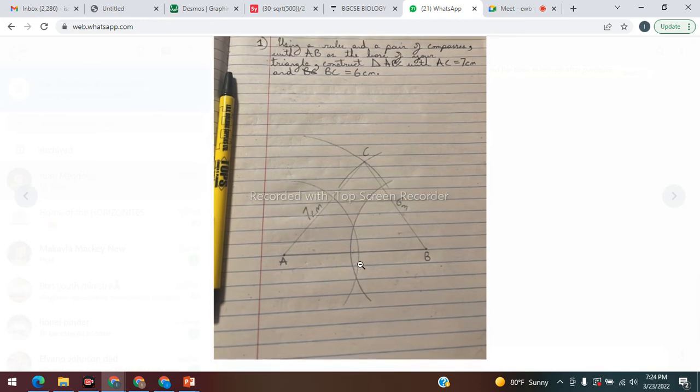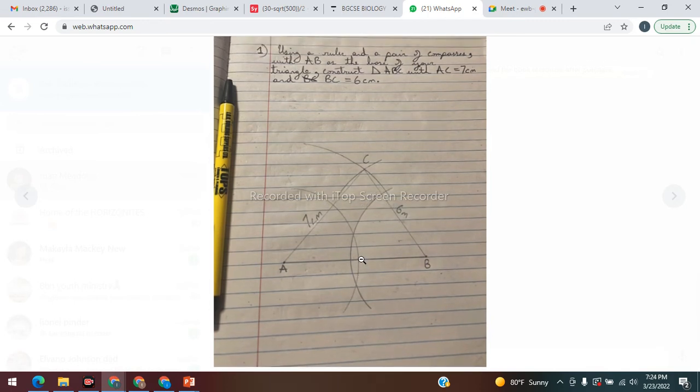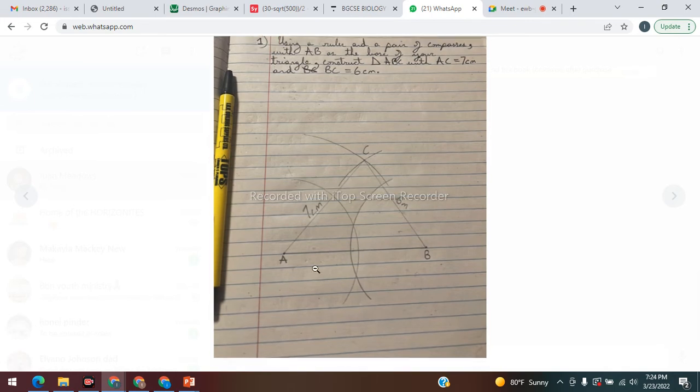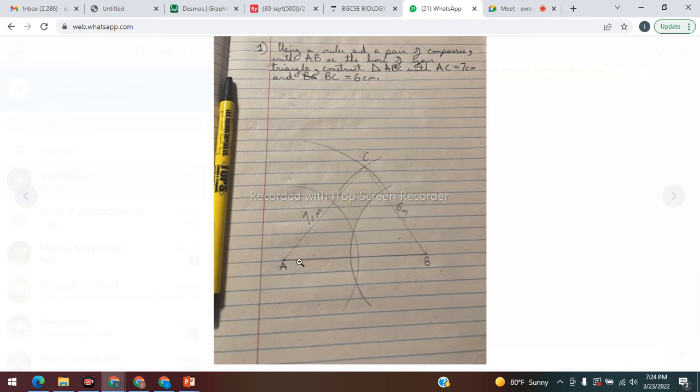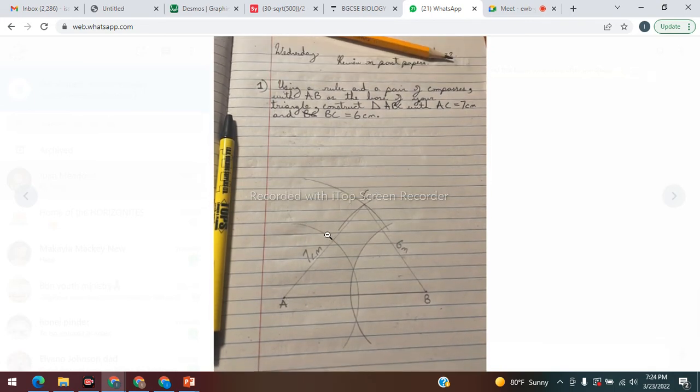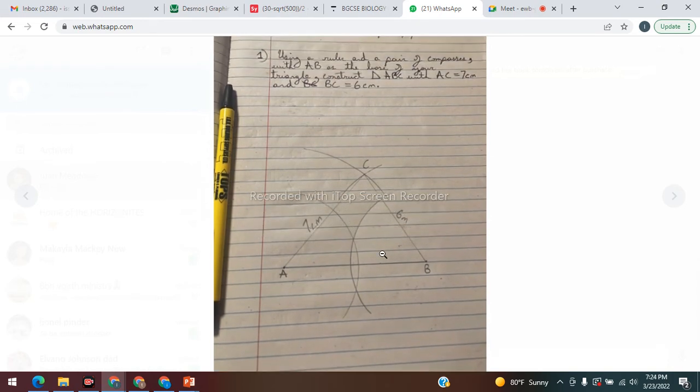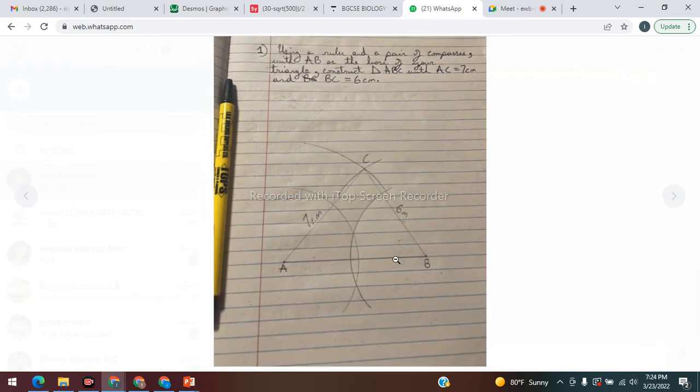The issue here is you need to increase that. This is about 50% of it. I want it to be closer, like here. You see what I'm saying?